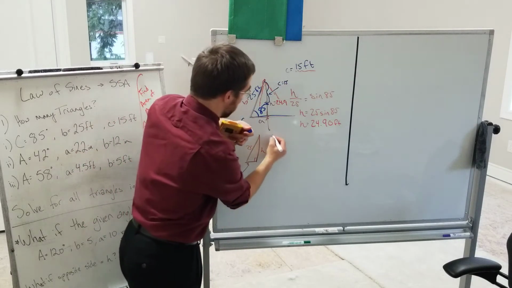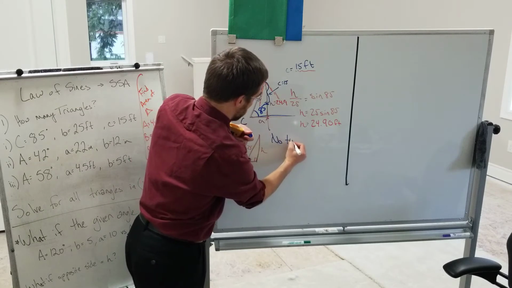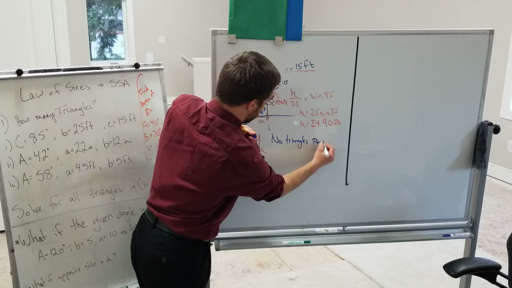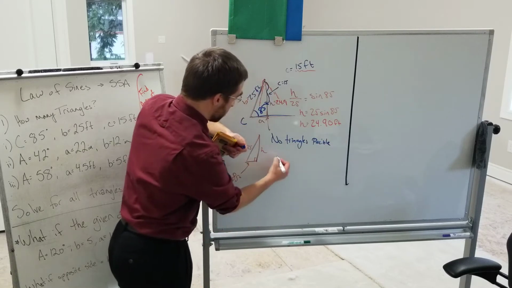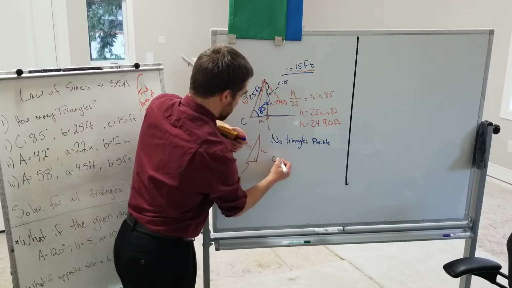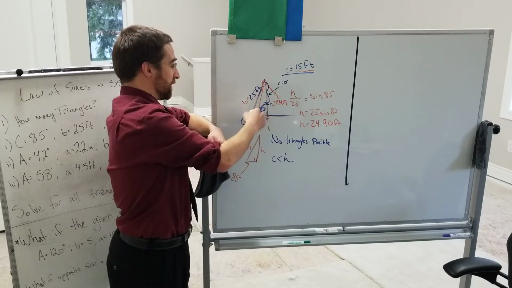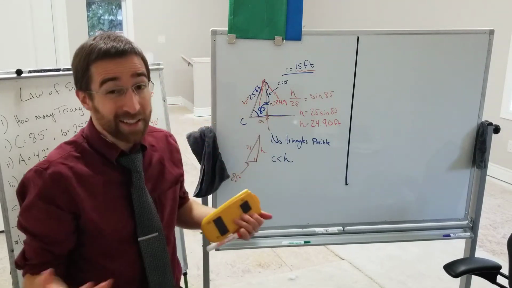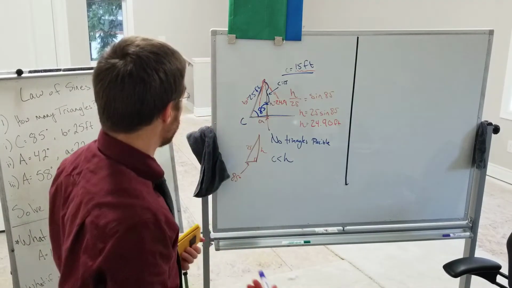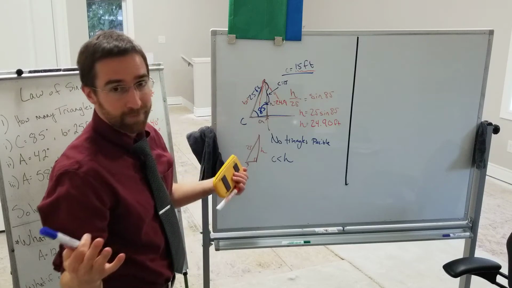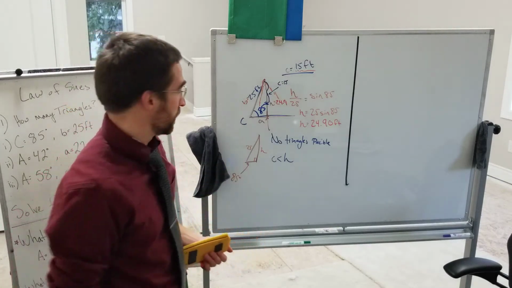So here, there are no triangles possible with this information because this opposite side C is less than the height. The side that's given that's opposite that angle is less than the height. It can't reach down. So in this case of a side-side-angle or angle-side-side triangle, the information doesn't work.